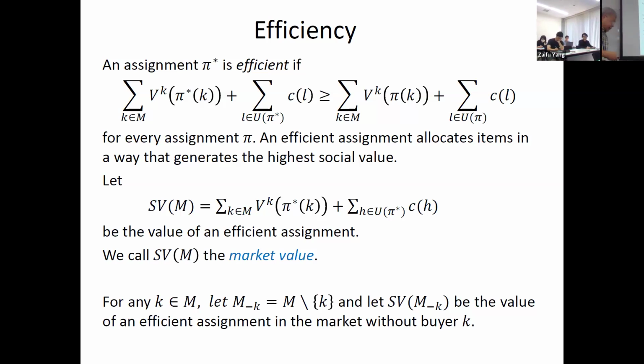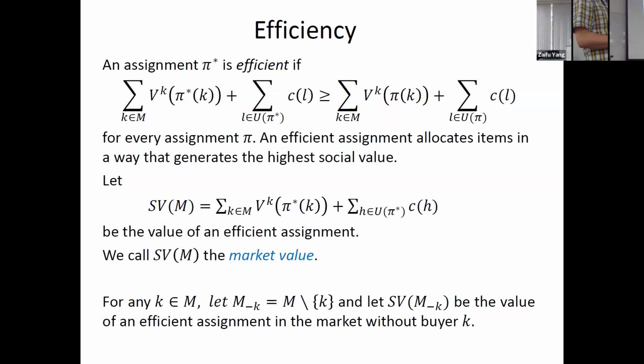For any bidder k, if you delete this bidder from the market, we use M minus k to mean the market where we delete bidder k.